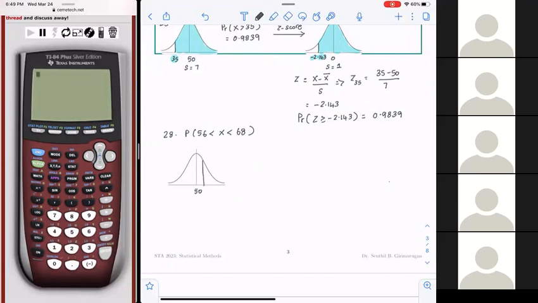Again, if you want to become an expert in knowing where to draw that vertical line, either practice more or go back and look at the empirical rule for normal distributions. So 68 would probably be there. So 56, 68. And we want to find the area between those two values.